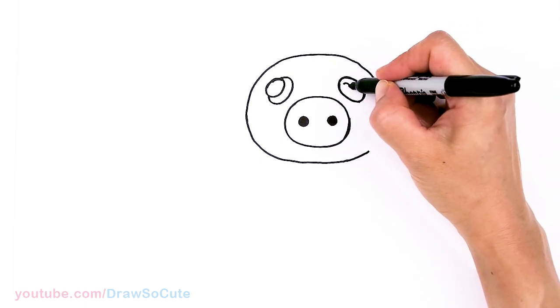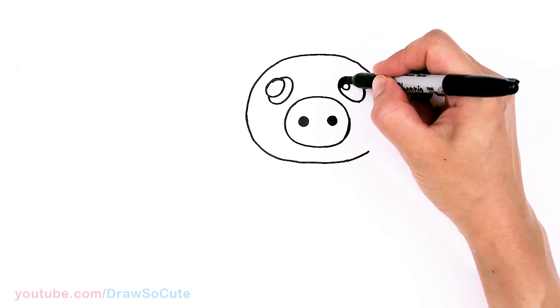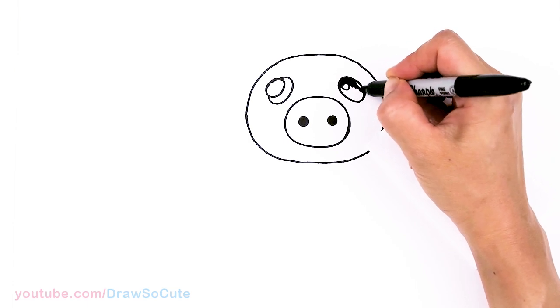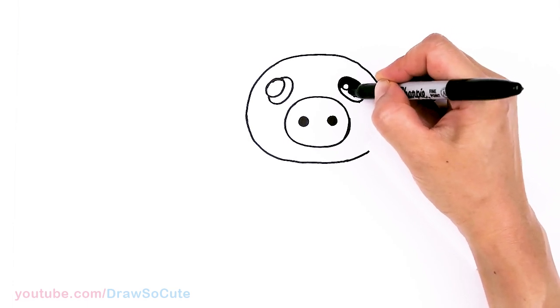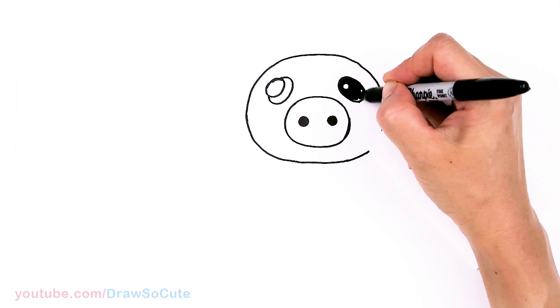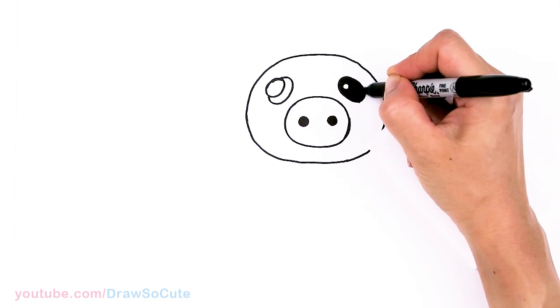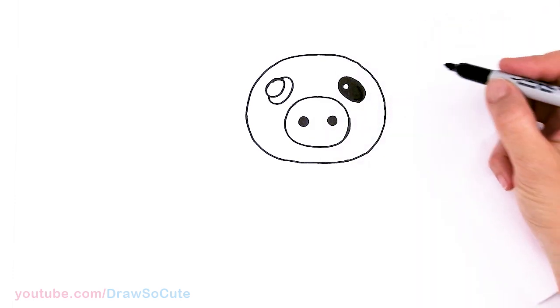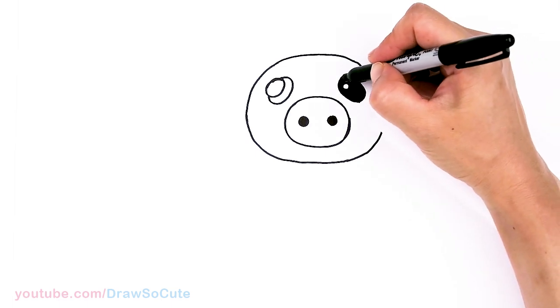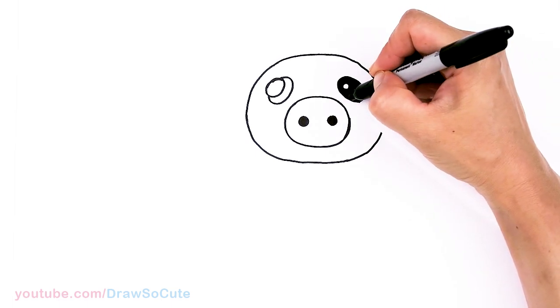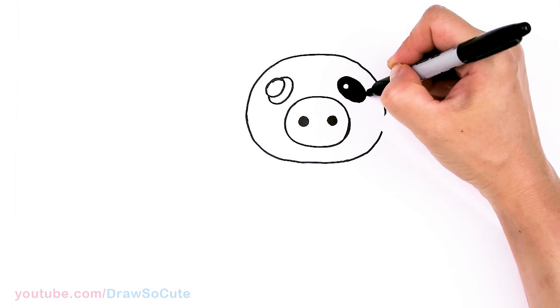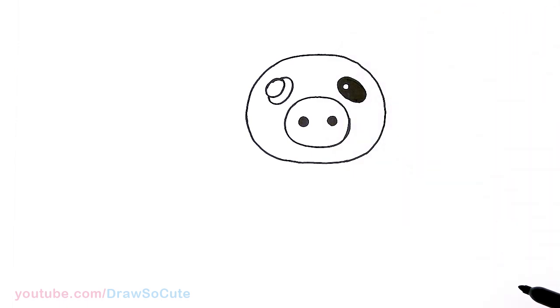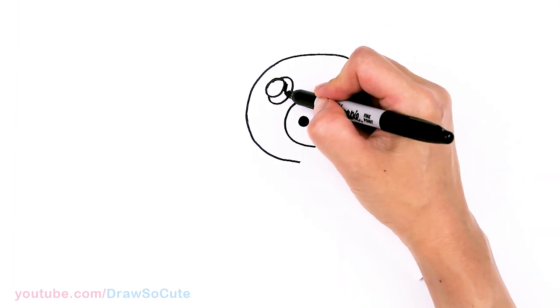I'll just give myself a little highlight right here and shade this all in. Fix my oval here. Okay, so now we have that in, and oh, let's shade this one in too.